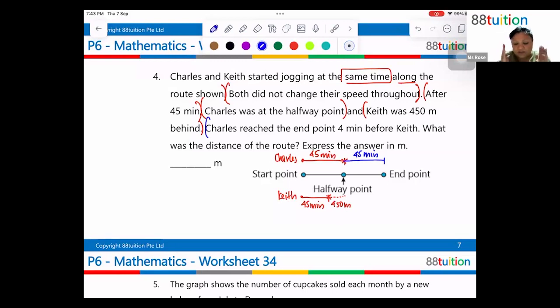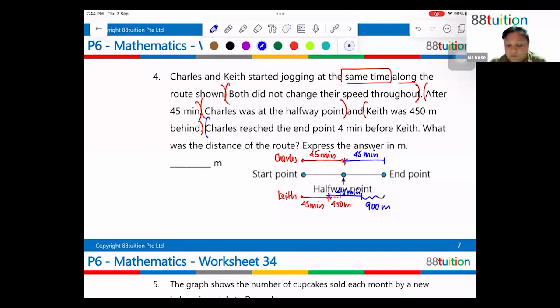If Keith were to continue, if he doubles this distance that he moved, in 45 minutes he would have been 900 meters away from the end point.